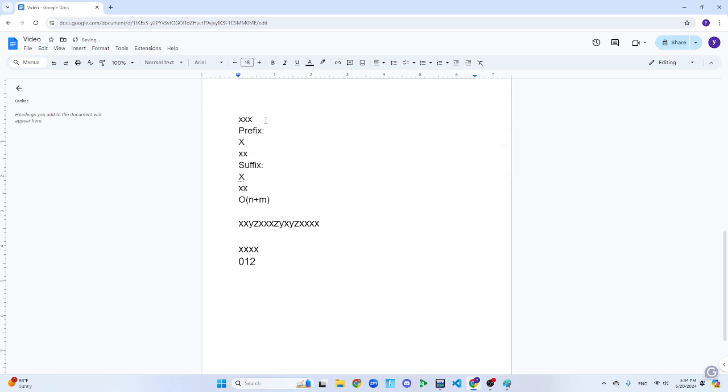And now we go to xxxx. We have the prefixes x, xx, xxx. We exclude itself, so we have these. And for the suffix, we have x, xx, and xxx. So now we see that the length of it is 3.